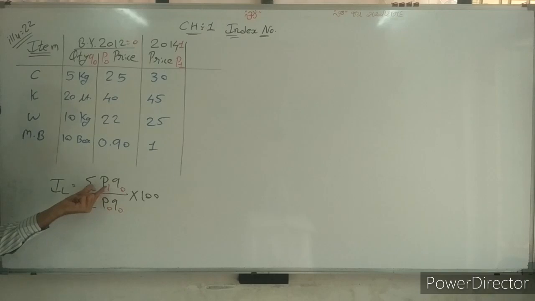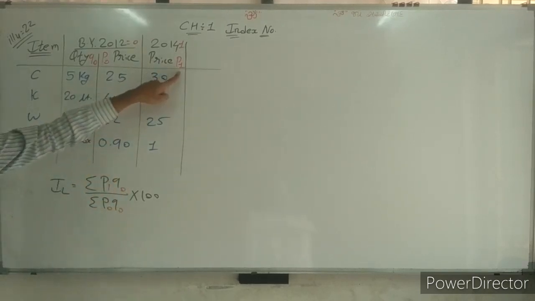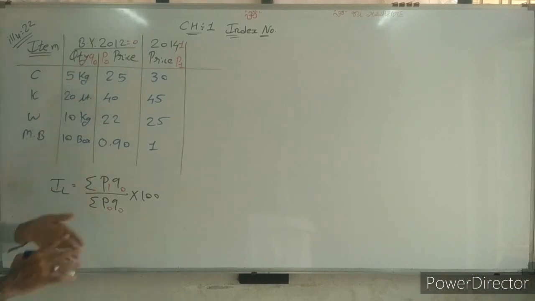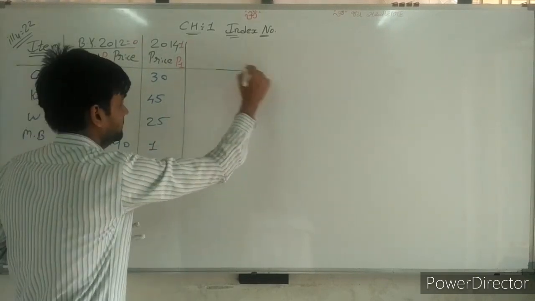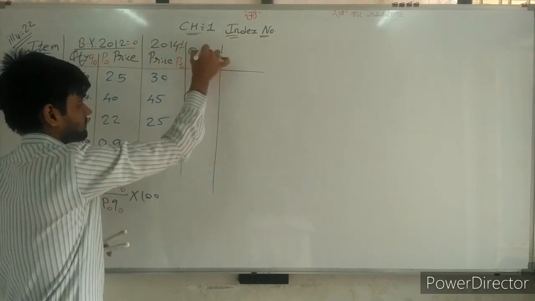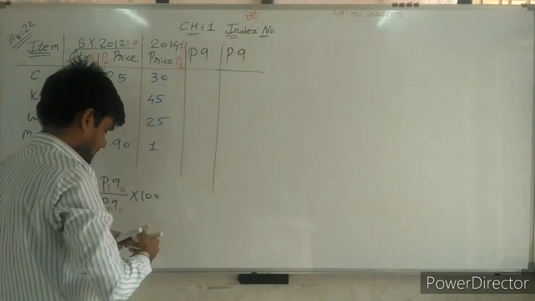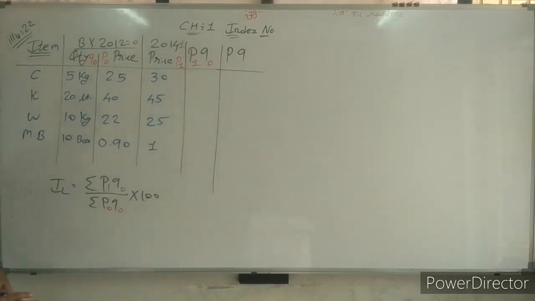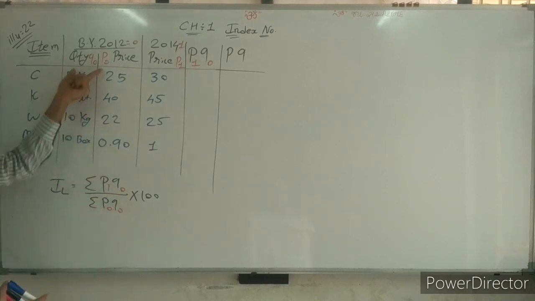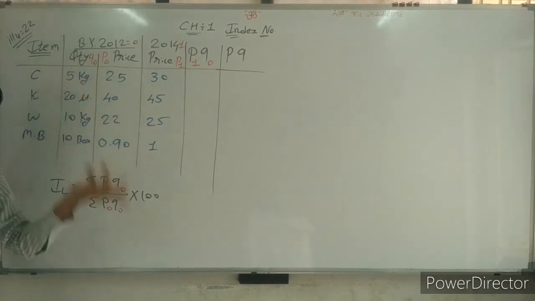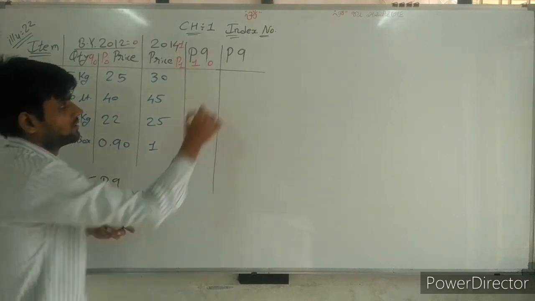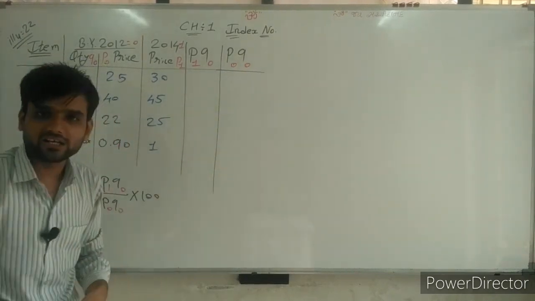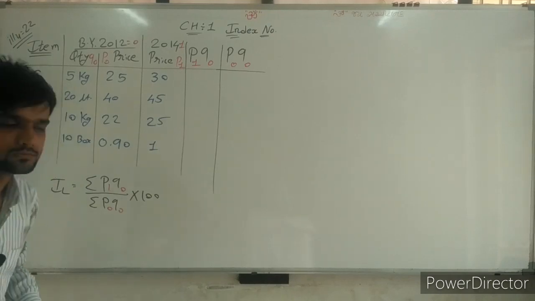Now think, P1Q0, can I find it? Yes, sir, I can find it very easily. P0Q0, is it possible? Yes, sir, P0Q0 is also possible. So I can find both numerator and denominator.